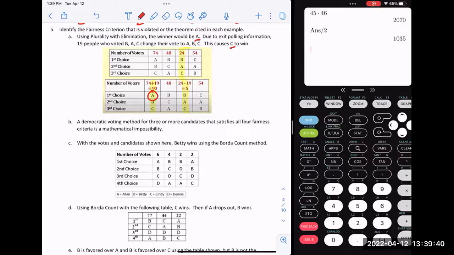So this would be an example of the monotonicity criteria. The only changes in voting were changes to favor the candidate that was already winning. But when they did that, it cost that candidate the election.